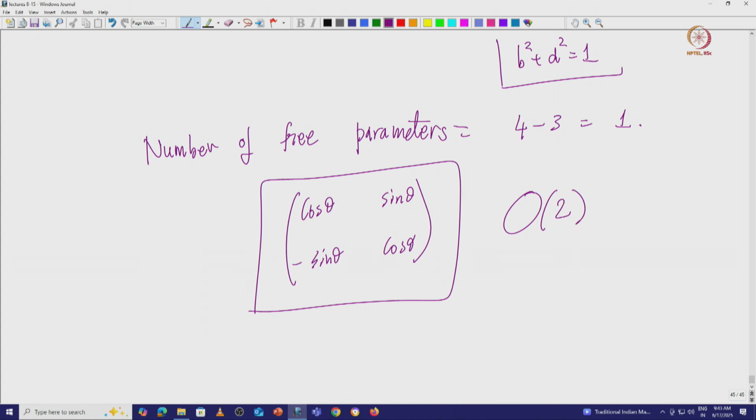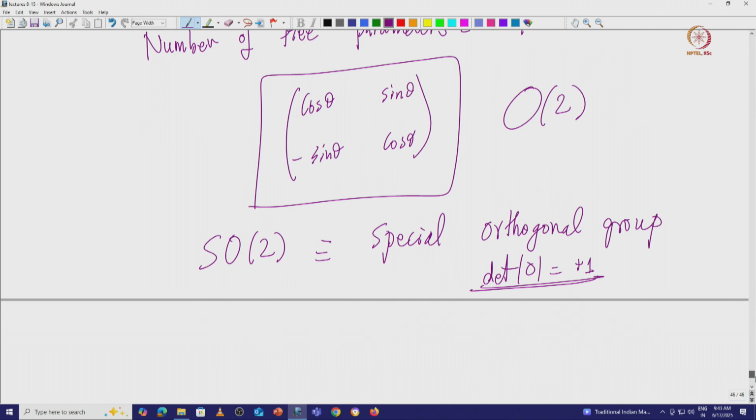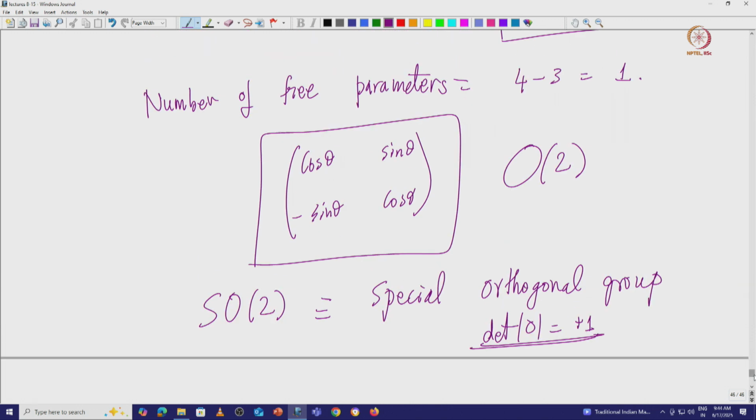Now, what is SO2? I wrote SO2 earlier. Essentially, SO2 is the special orthogonal group, such that the determinant of O is equal to plus 1. So, in an orthogonal group, the determinant can be both plus and minus 1.